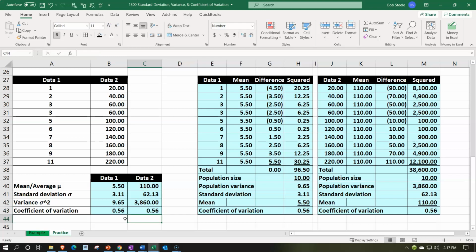So there we got 0.56. Okay, so there's the 0.56 here, and then the 110, of course, matching the 110 in the second data set, the 6213 standard deviation matching out, the 3860 variance matching out here, and then the 0.56, of course, bottom line number for the coefficient of variation.